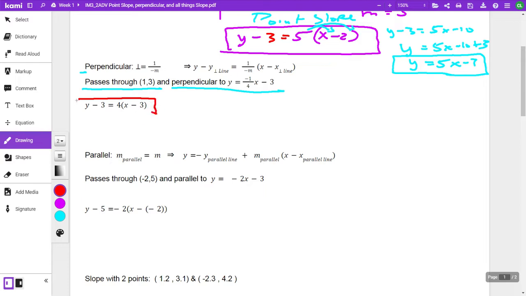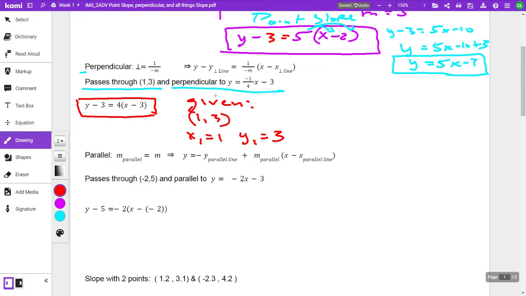That's my answer. So how the heck did I get there? Well, again, what are we given? We're given an x and a y, which is a 1 and a 3. So that means x1 is equal to 1 and y1 is equal to 3.